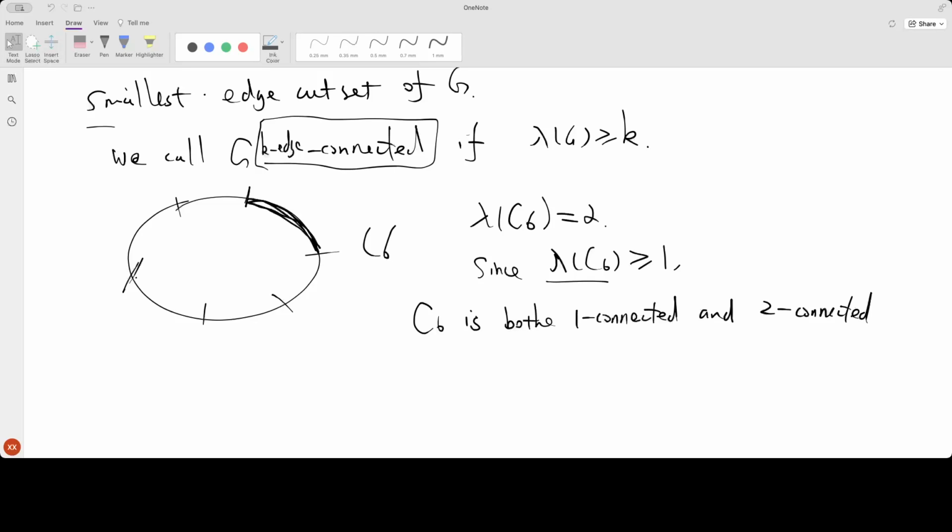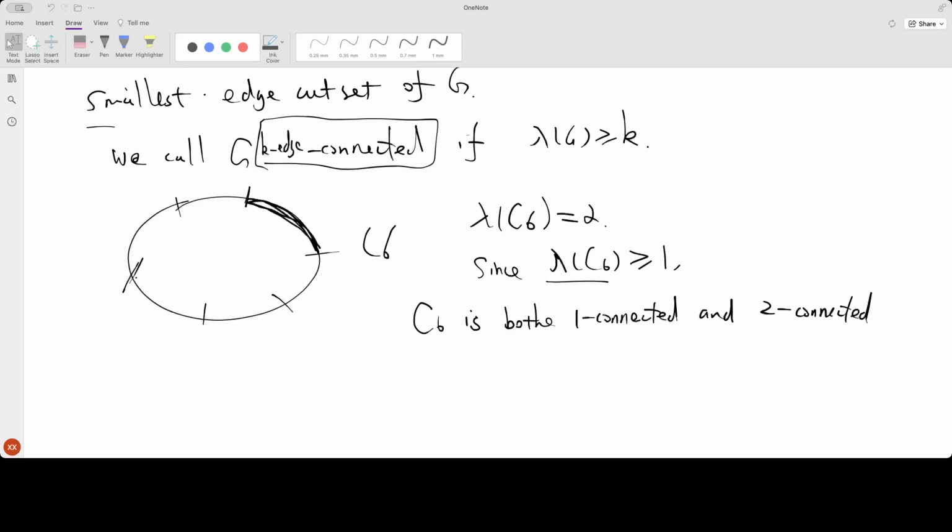So it's only one question, but to be very precise, we have many different definitions. You only have this question in mind: how many edges do you have to delete in order to make this graph disconnected?